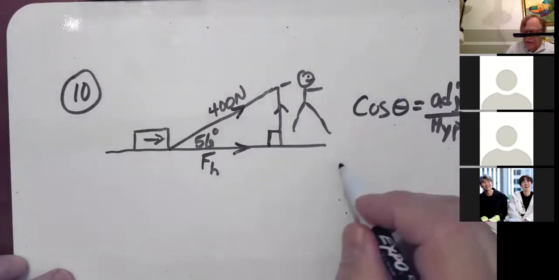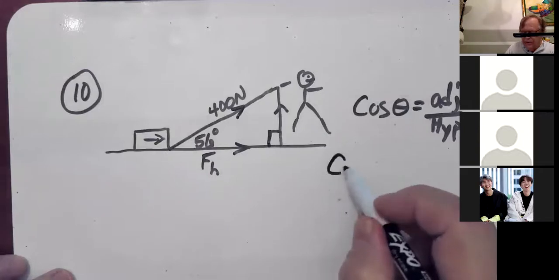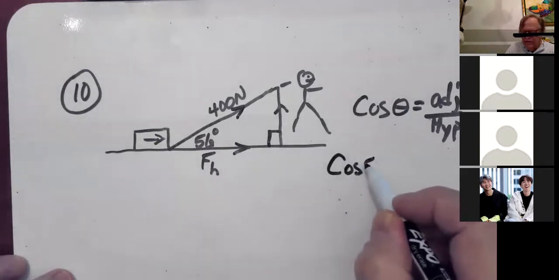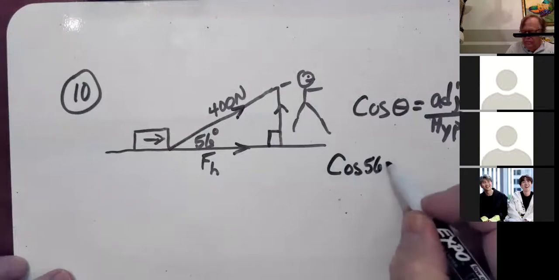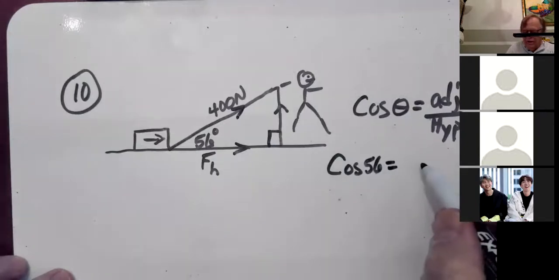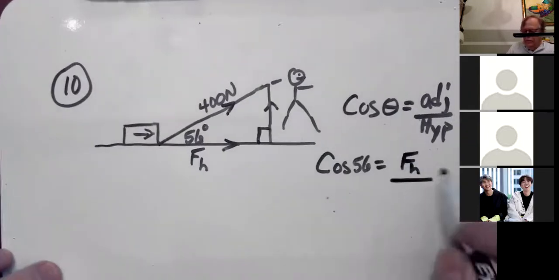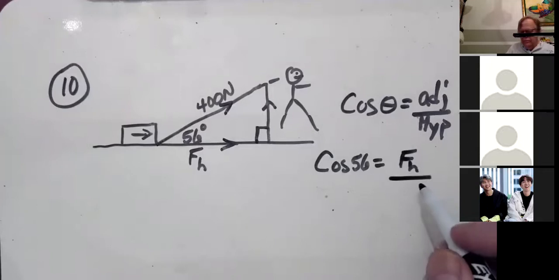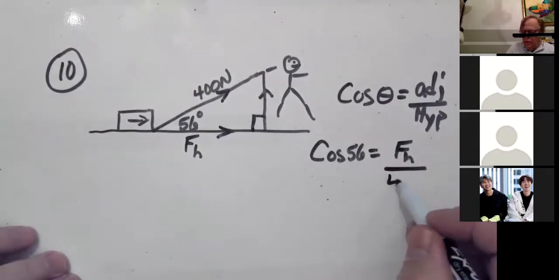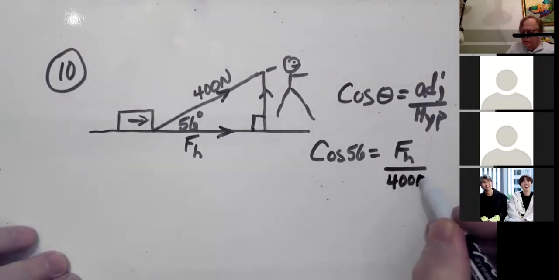So let's plug in our numbers. Cosine, our angle is 56. Our adjacent side is what we're looking for, so that's the horizontal force, over our hypotenuse, which is 400 newtons.